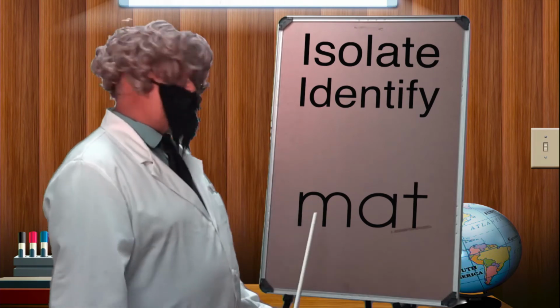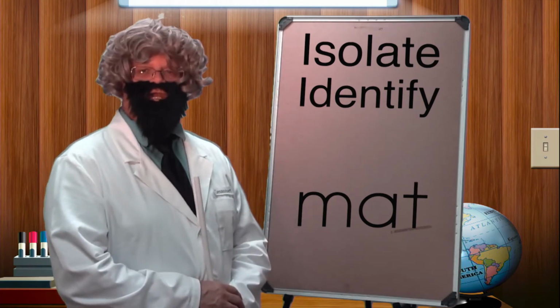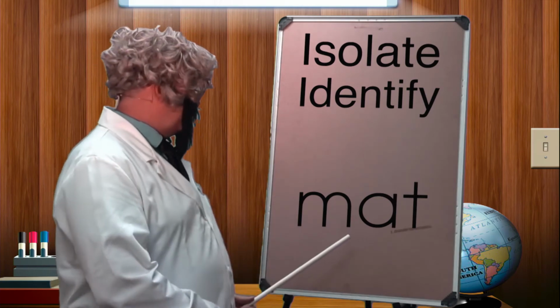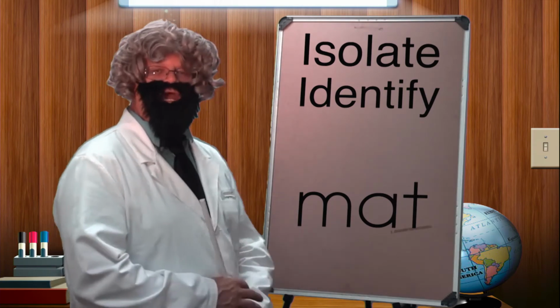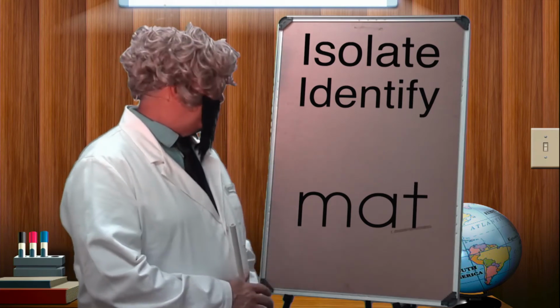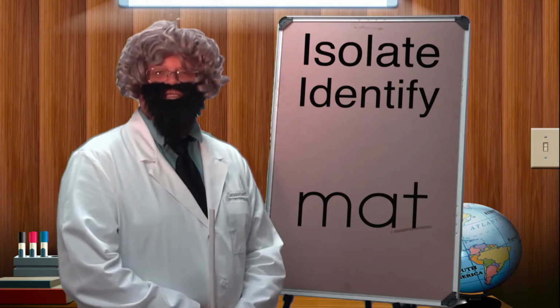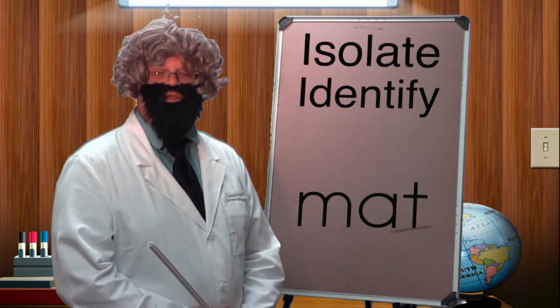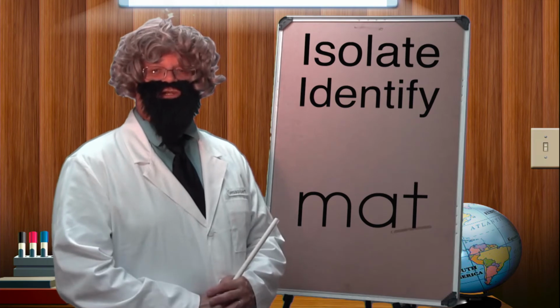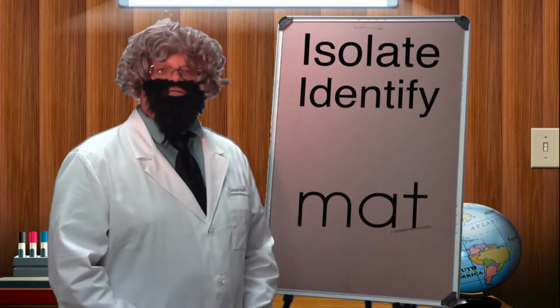So I see the first letter is M, and I know M is for M. I see the middle sound is an A, and I know that is for A. And I see the ending sound, and I know that it's a T, and T is for T. Now all I have to do is blend those sounds together so I can have the word.